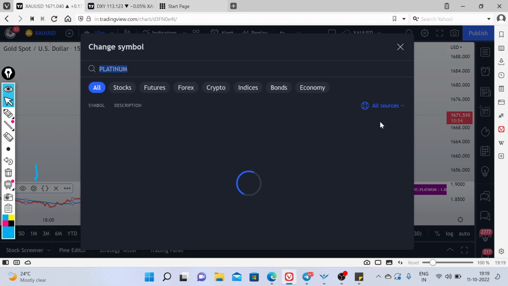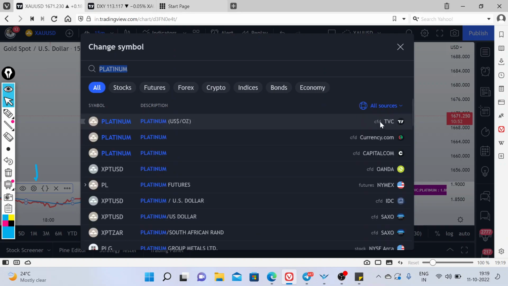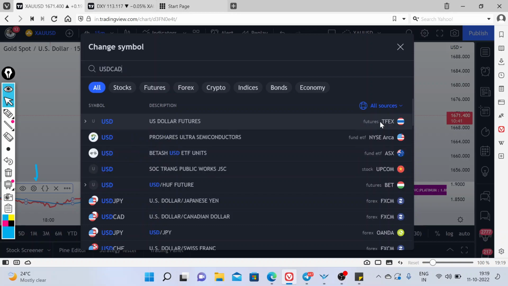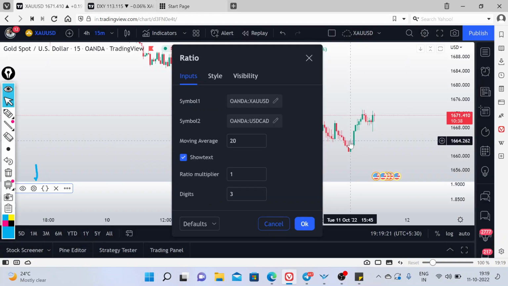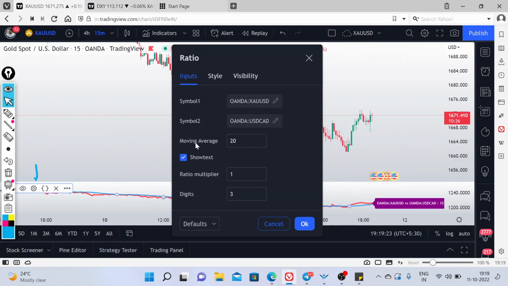Now the second symbol is the most important. Some people compare it with DXY, some with other pairs, but personally I tested this on the USDCAD symbol. This is the most critical part.